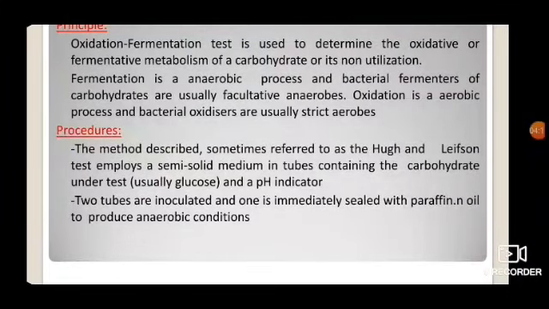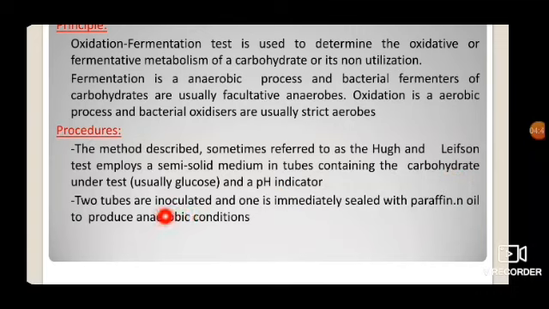Now the procedure. The method, sometimes referred to as the Hugh and Leifson test, employs a semi-solid medium in a tube containing the carbohydrate under test, usually glucose, and a pH indicator. So this method is carried out in a nutrient medium with carbohydrate and the help of a pH indicator.